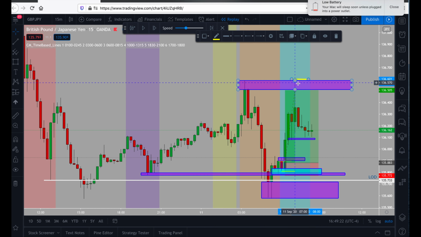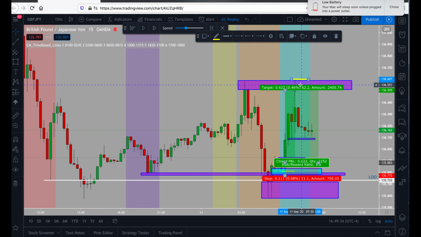If price doesn't break above this yellow line here, that's going to indicate to me that sellers are stepping in and the trade should go bearish.